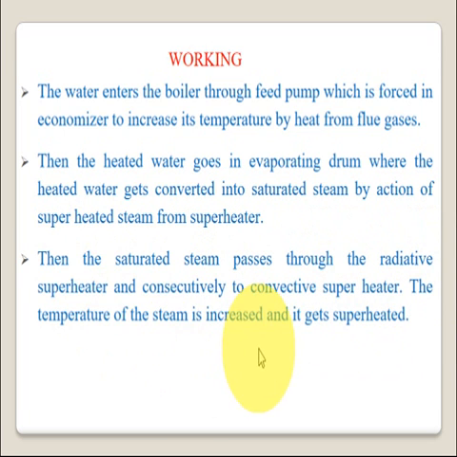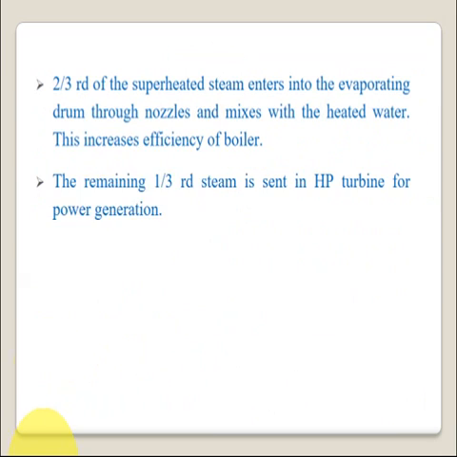The temperature of steam is increased and it gets superheated. Two-thirds of the superheated steam enters the evaporating drum through nozzles and mixes with heated water. This increases the efficiency of the boiler, and the remaining one-third steam is sent to the HP turbine for power generation.